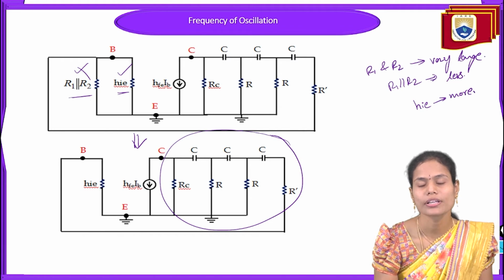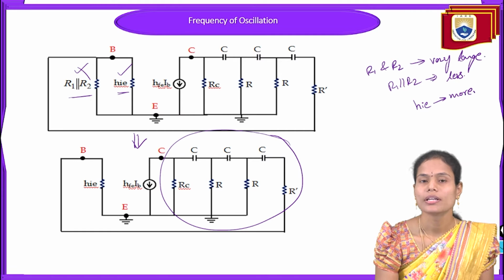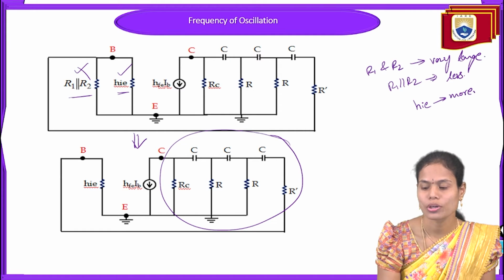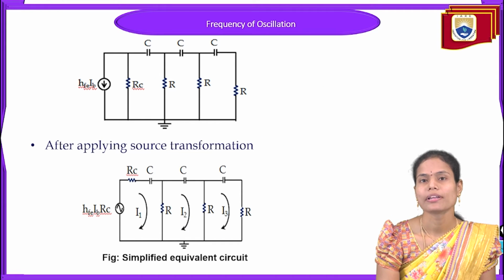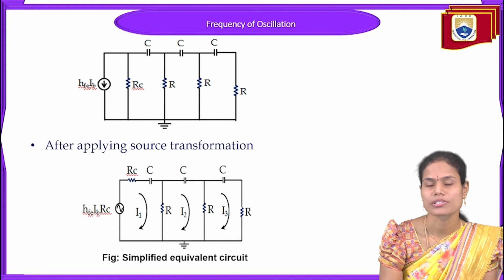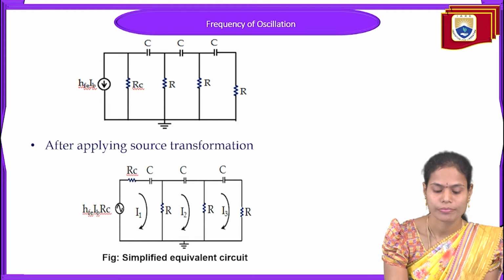Depending upon the feedback network only, the phase shift and the required frequency of oscillation are determined. So I am considering only the feedback network.